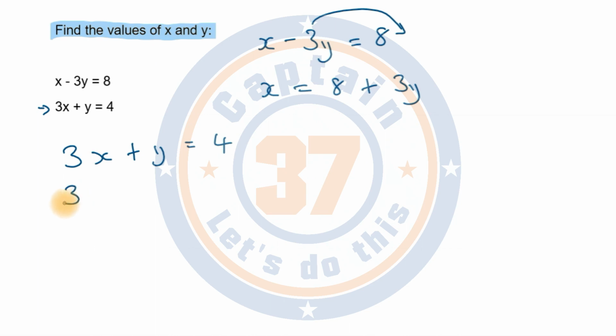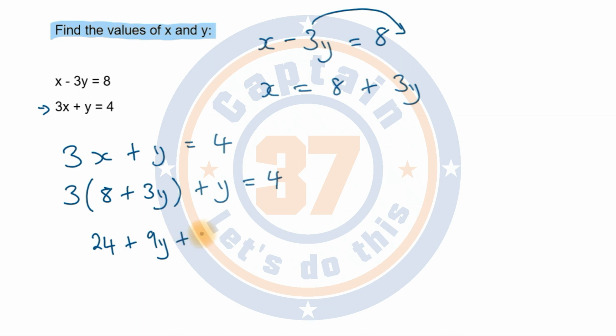So we're going to say 3, open a bracket, 8 plus 3y, close it, plus y is equal to 4. 3 times 8 is 24, plus 3 times 3 is 9y, plus y is equal to 4. 9y plus y is 10y, and we have this 24 still here, is equal to 4.